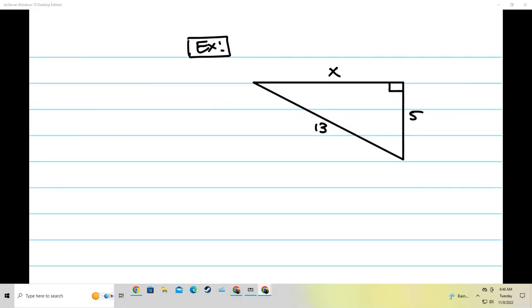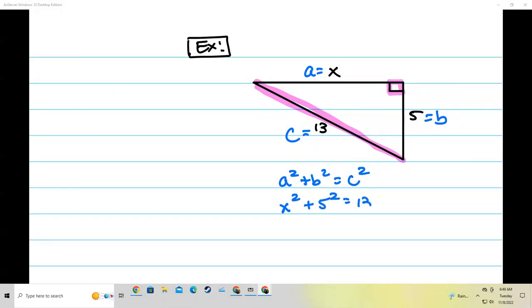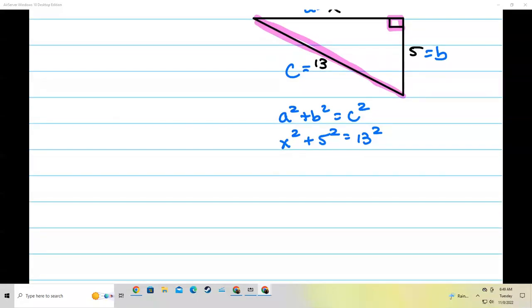So same thing here. I'm going to go ahead and pick this off right here. Here is my 90 degrees. This one is my hypotenuse. So that means this one's going to be my C. I'm going to call this one A. I'm going to call this one B. Formula is A squared plus B squared equals C squared. That means X squared plus 5 squared is equal to 13 squared.